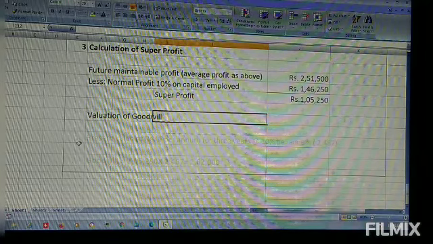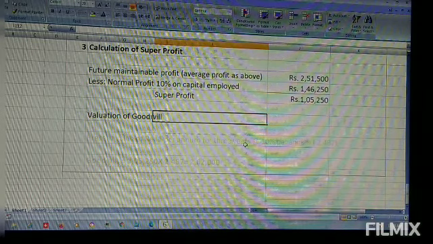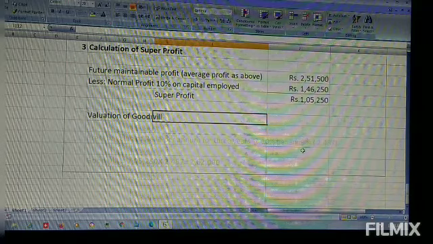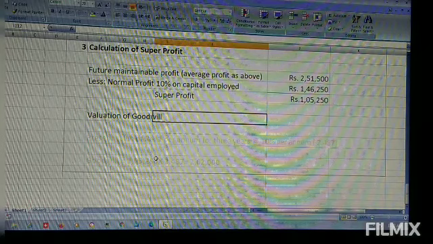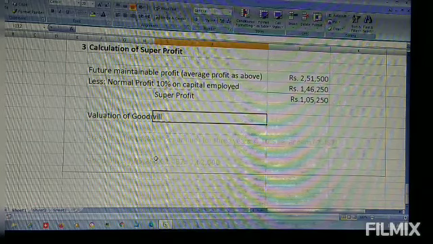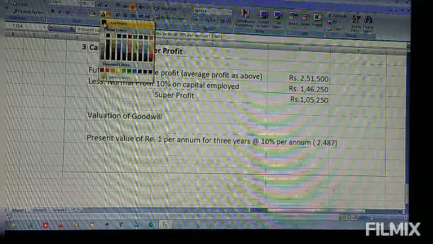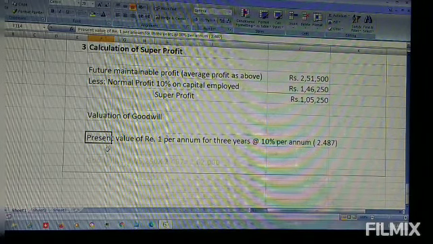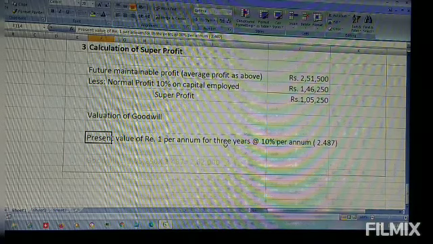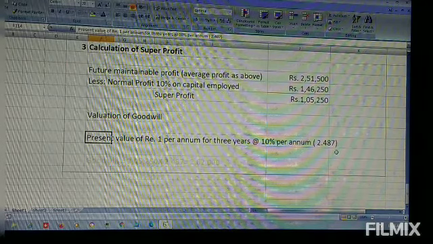Our annuity table says the present value of rupee 1 per annum for 3 years at 10% per annum is 2.487, because past profits are to be converted into present value. It is given in the problem.